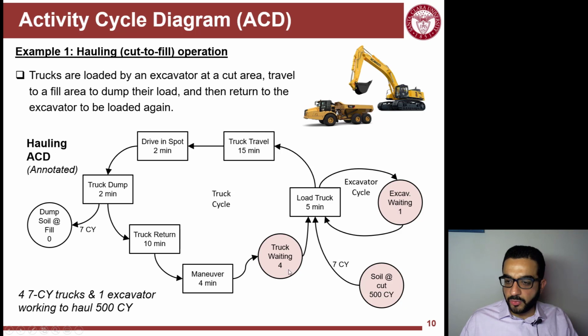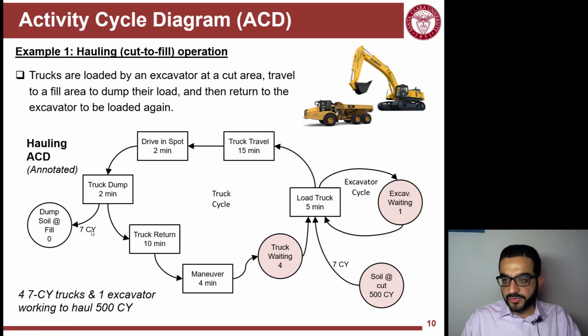And also I can annotate the number of resources, or the number of instances, they call it, or number of units of each resource I have. So for trucks I have 4, and excavator I have 1. It's just an example, it's one possible group. And also I can put the units of the material that's going through the process that I have.